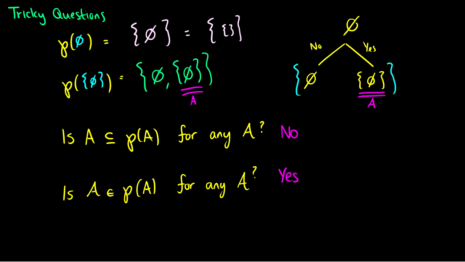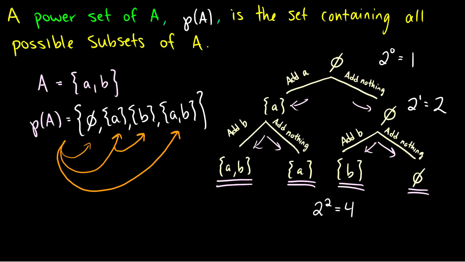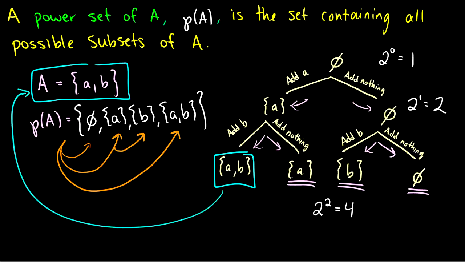Now, let's think about this. Let's go back to this example. Here is A. A is the set containing A and B. If we add all of our elements, we get the possible subset, which is itself. So we get A back as a possible subset. But remember that these subsets are elements of the power set. So whatever your original set is, it will be an element of the power set.